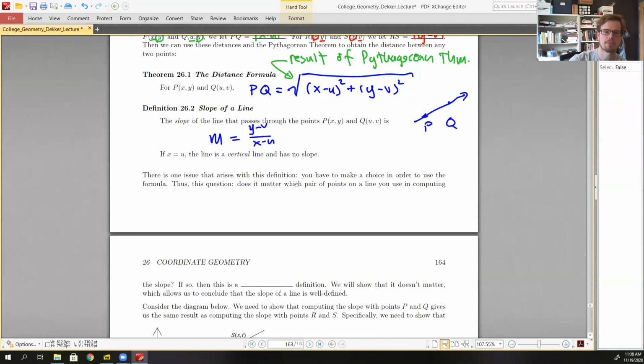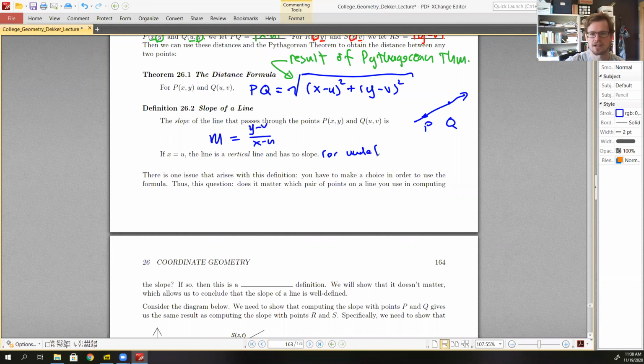All right, if we happen to have x equal to u, of course division by 0 is bad, and so the slope is undefined. So it has no slope or is undefined, and it's a vertical line. And it's better to say undefined.